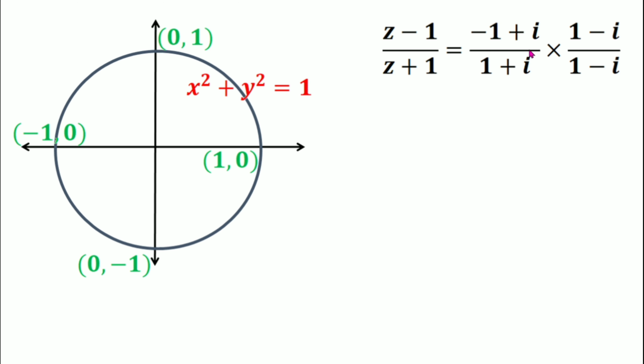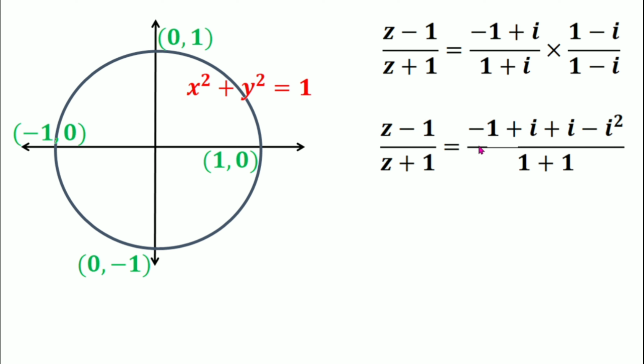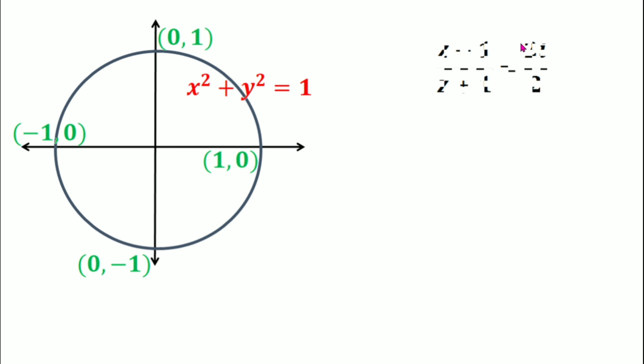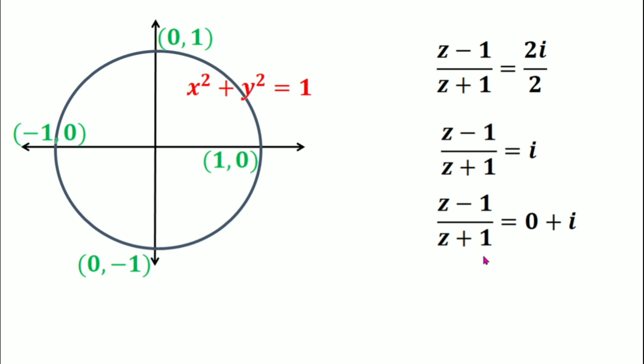Numerator becomes minus i minus 1 plus i minus i square, denominator 1 plus 1. Here minus 1 plus 1 get cancelled, 2i by 2. After cancelling, 2i by 2 equal to i. So (z minus 1) by (z plus 1) is equal to i. This is 0 plus i.